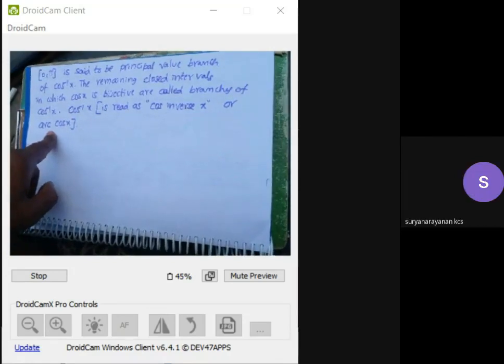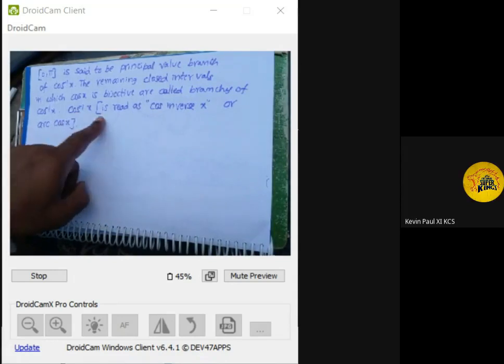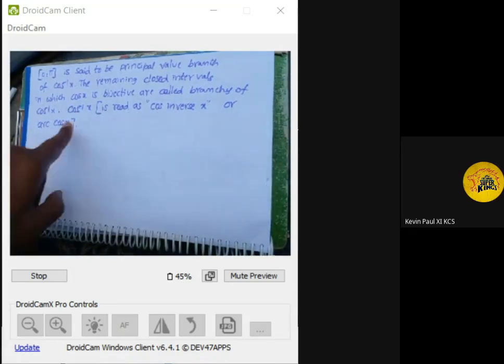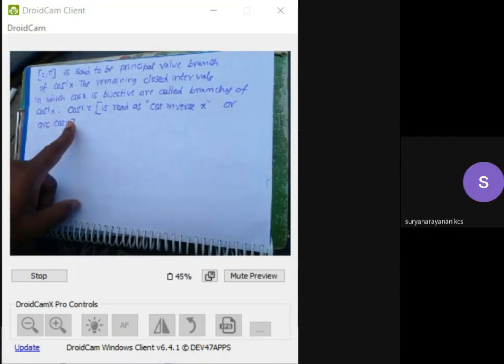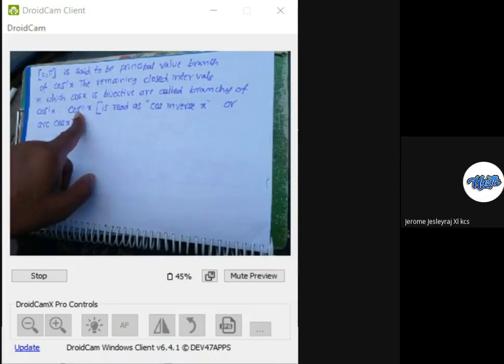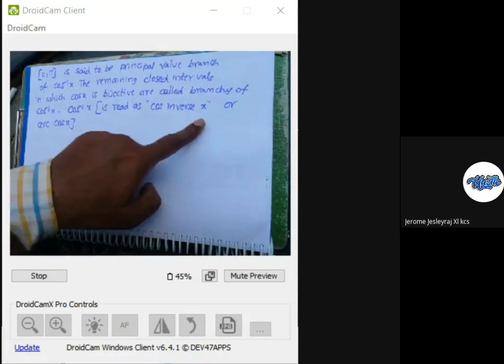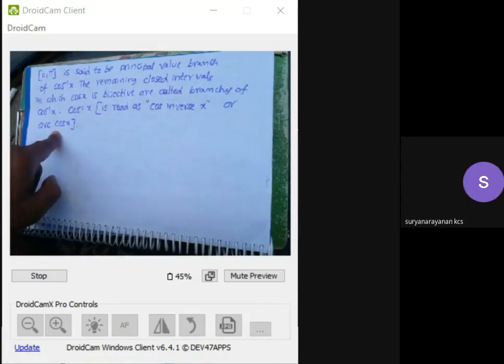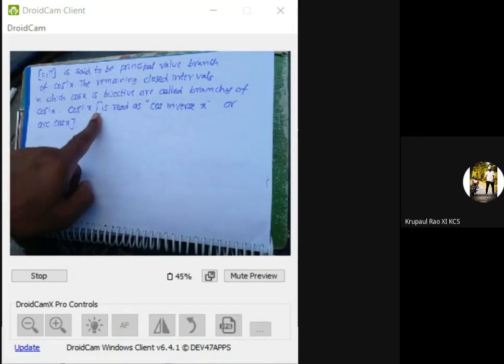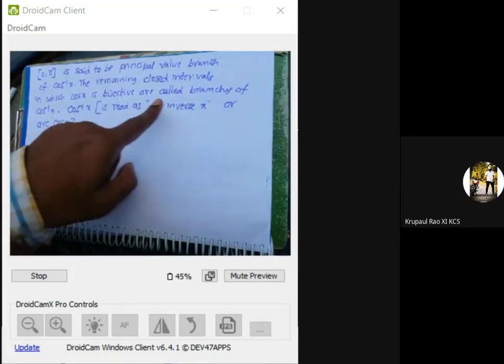Very good, Kiran Raj. Kevin Paul, read it fast. It is read as cos inverse x or arc cos x. Jerome Jasli Raj, read it. It is read as cos inverse x or arc cos x.